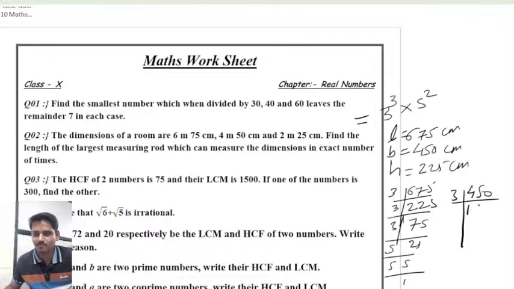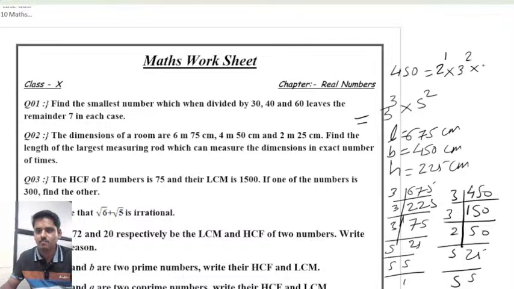3 into 150. Okay, then 3 into 50, then 2 into 25, 5 5, 5 1. So factorization of 450 will be 2 raised to 1, 3 square, 5 square.